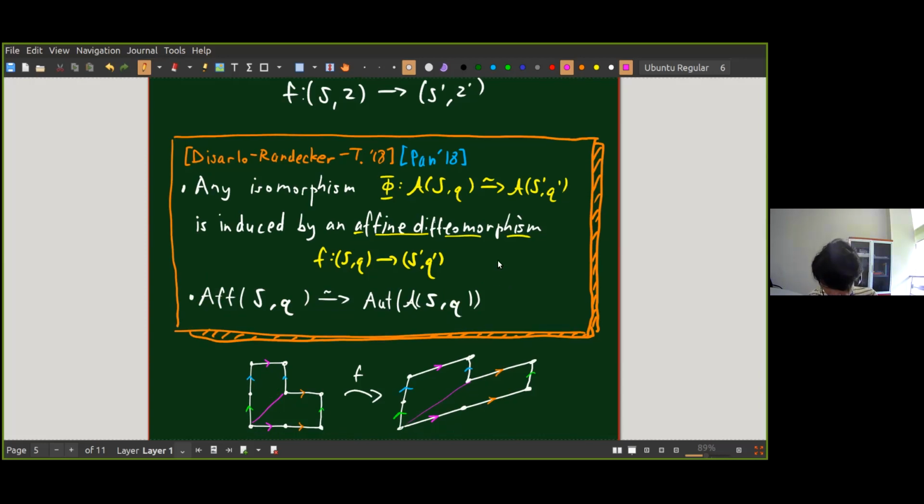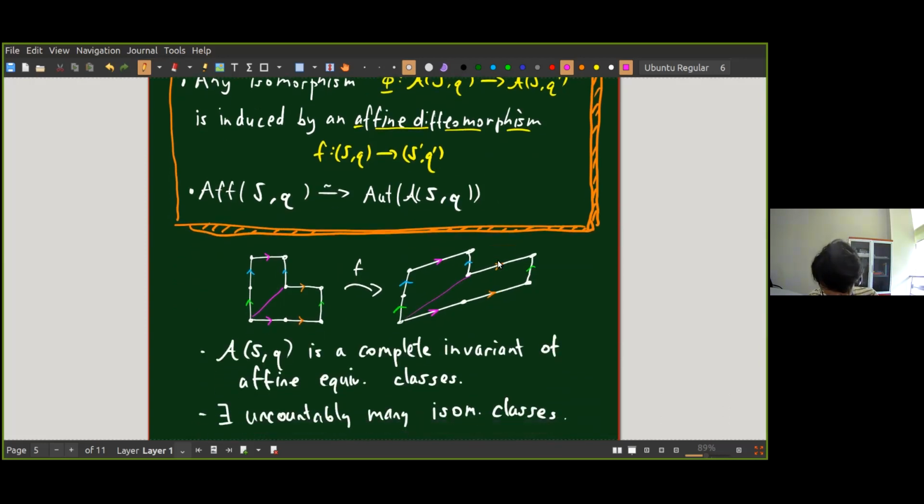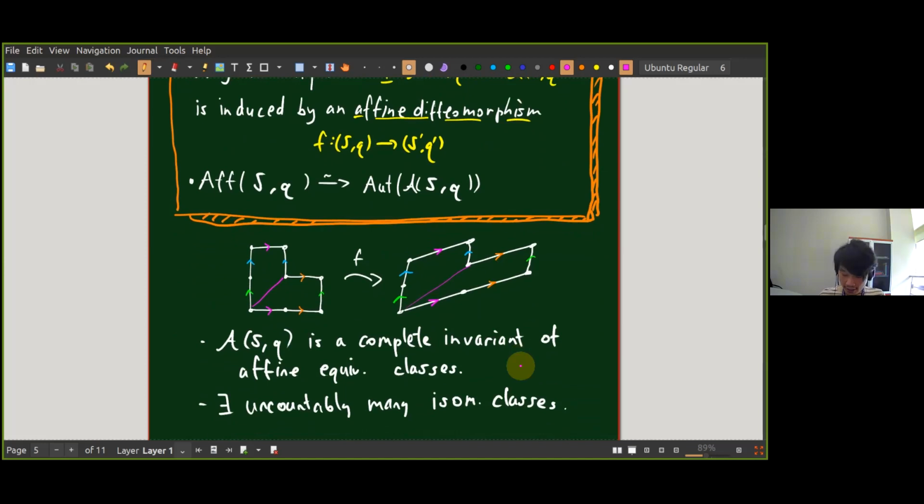So one consequence is that if you know the isomorphism type of the saddle connection graph, then that gives you a complete invariant of the affine equivalence classes of translation surfaces. So all the affine information you want is in principle encoded by this graph. Consequently, there are uncountably many isomorphism classes of saddle connection graphs.